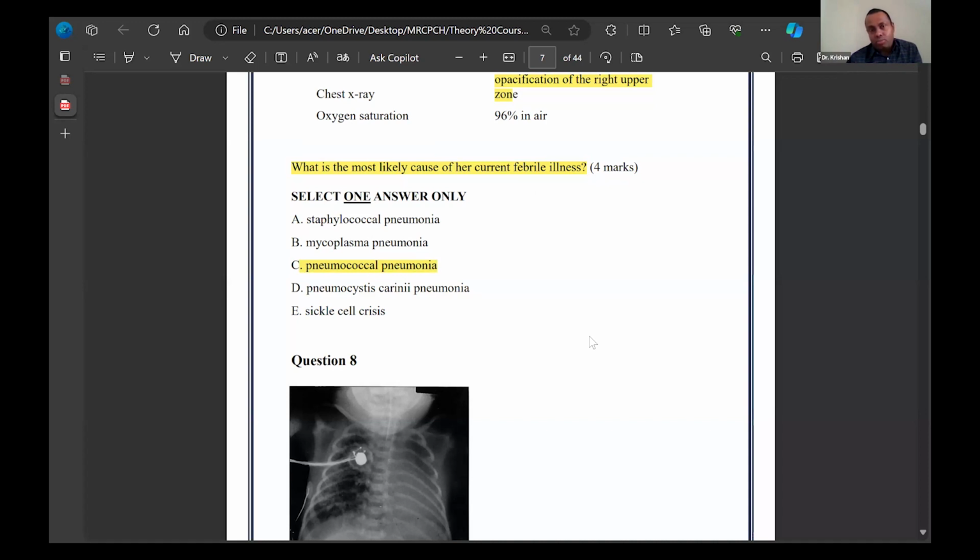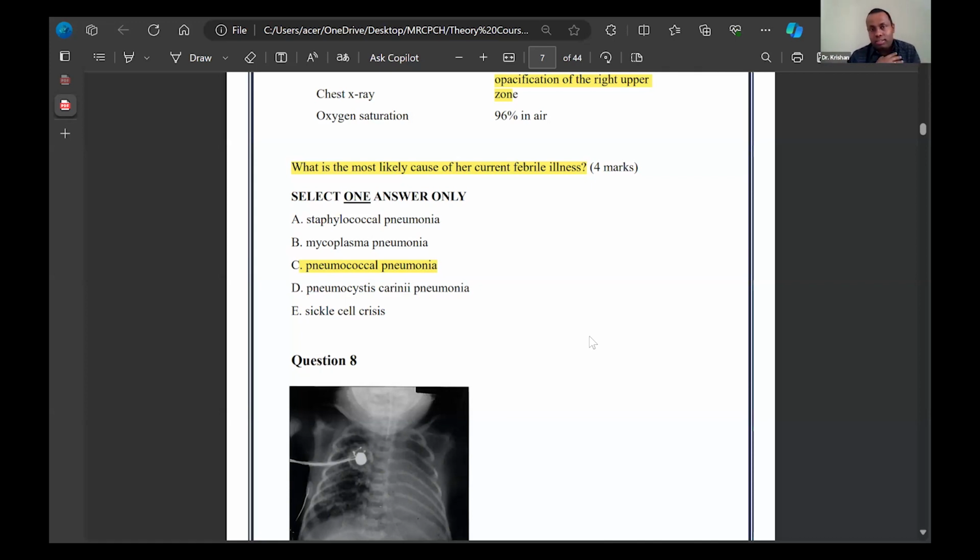Staphylococcus will cause pneumatocele formation, right? And they will present with very high fever with chills and dry cough. Mycoplasma usually causes bilateral pneumonia or bronchopneumonia. There will be bilateral shadows with prominent hilar involvement, which is not given here.